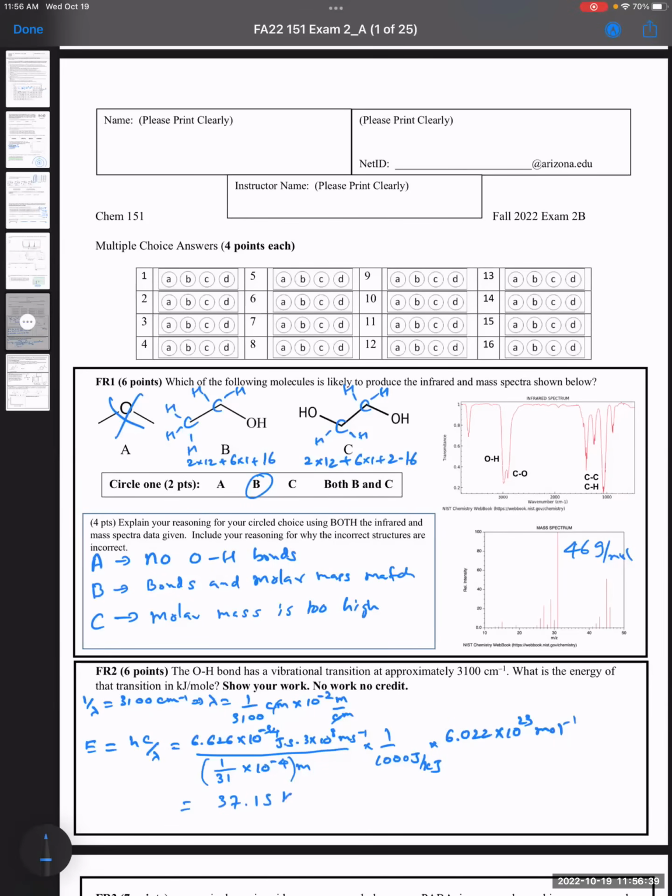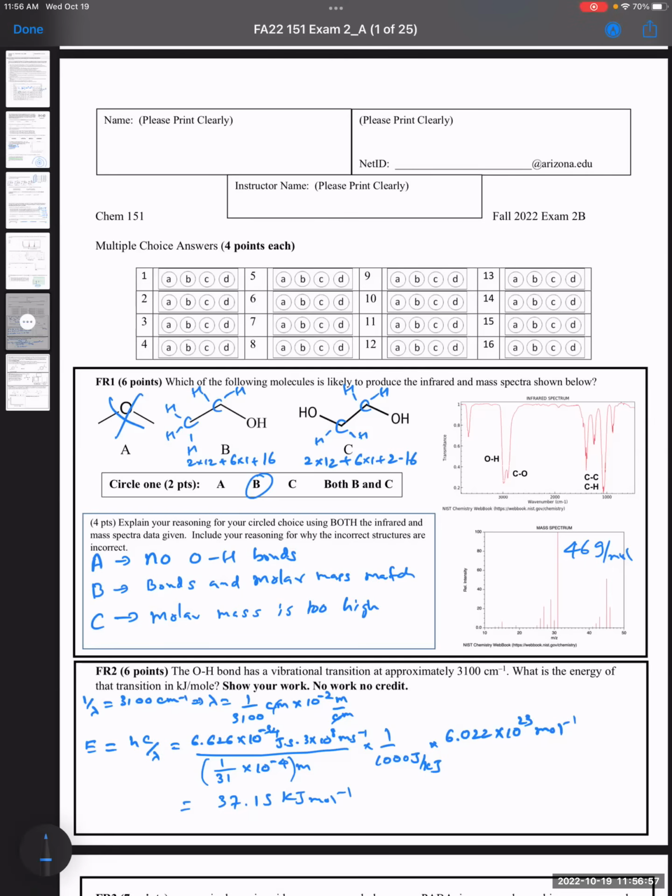So the most important thing here is to remember to show your work. I showed how to convert the wavelength, and then calculate the energy from that.